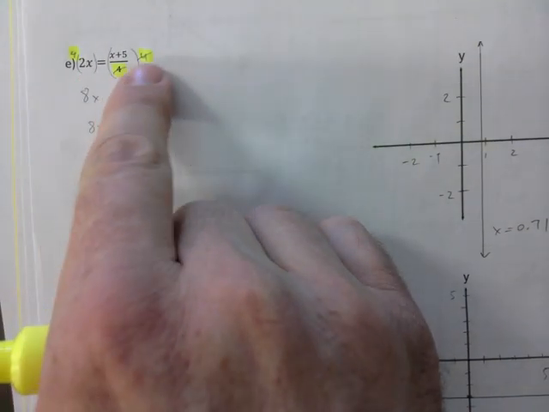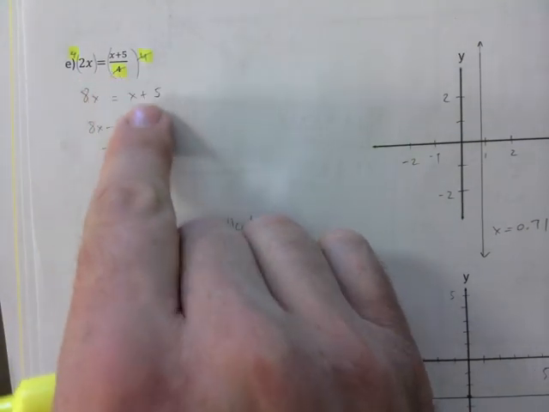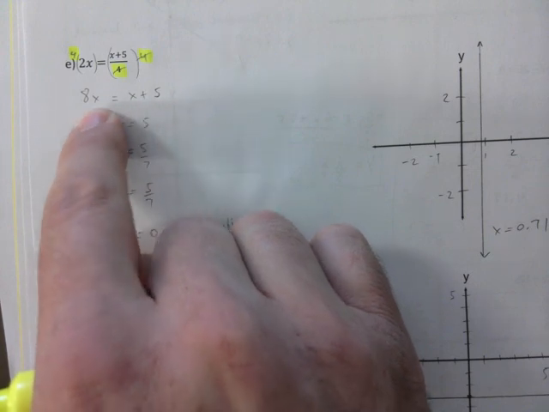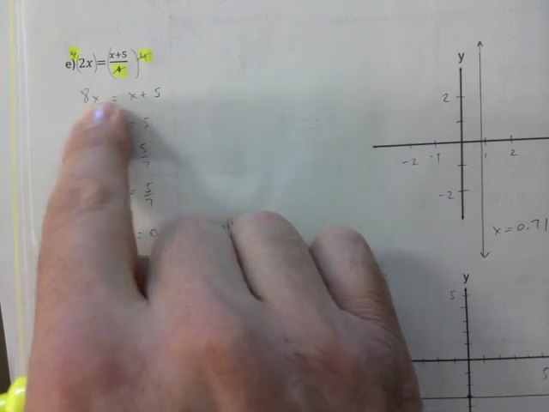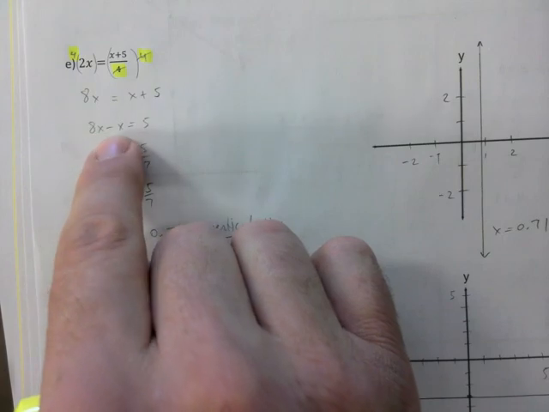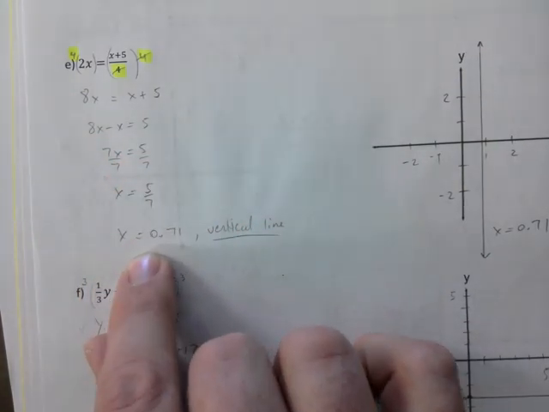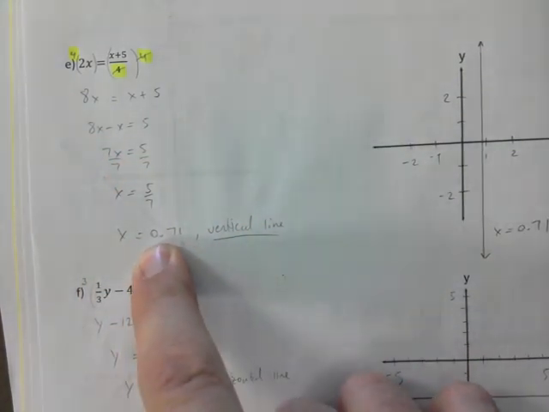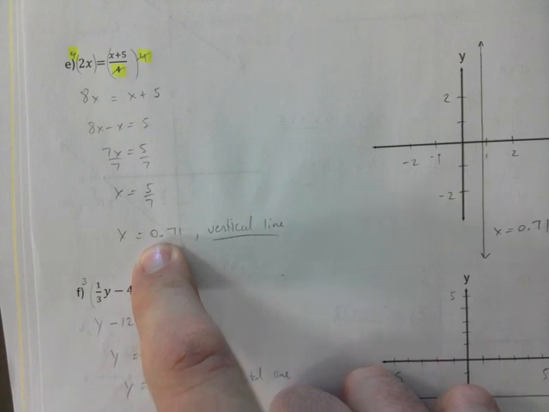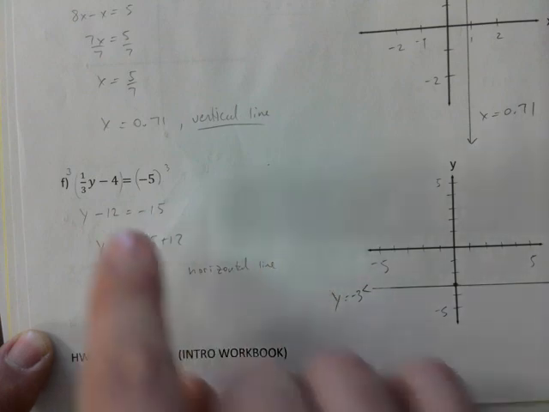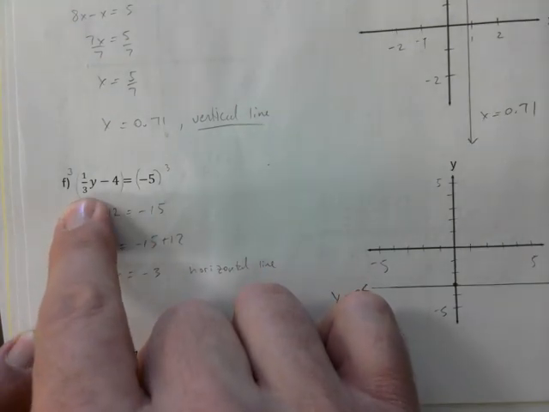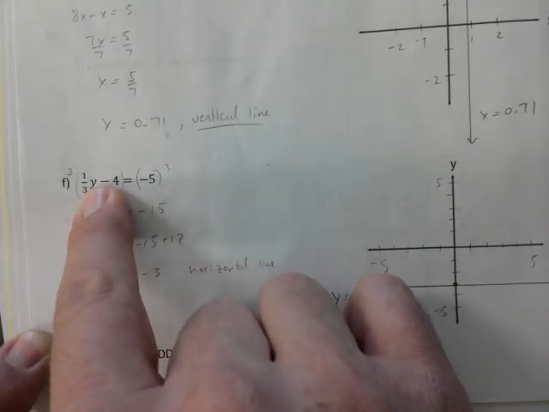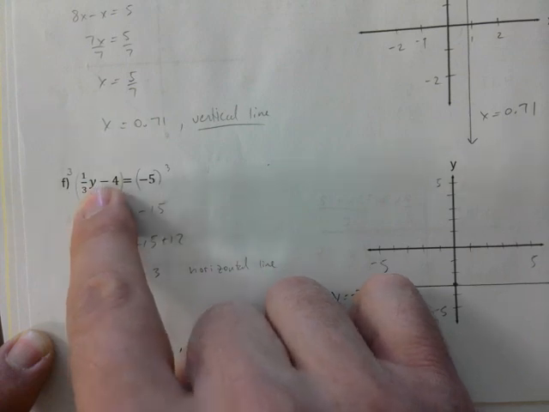So once you've canceled out that 4 denominator on this side, it's now much easier to work with. So I bring the x's over to one side. This ends up being a vertical line because there's no y variable, right? And same with f. In this case, the 1/3 only affects the y, okay? The 1/3 only affects the y.